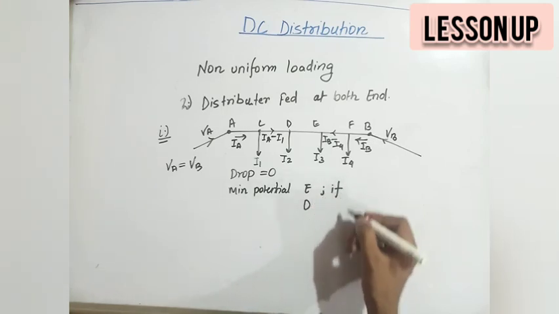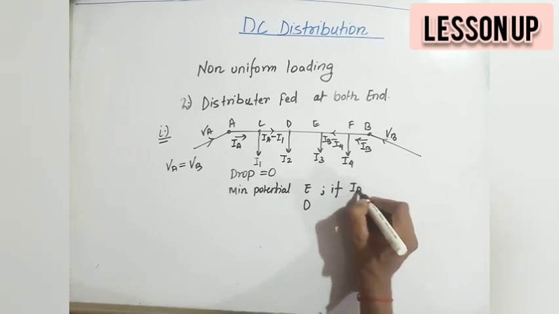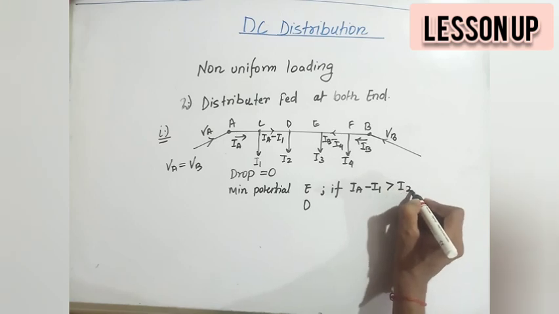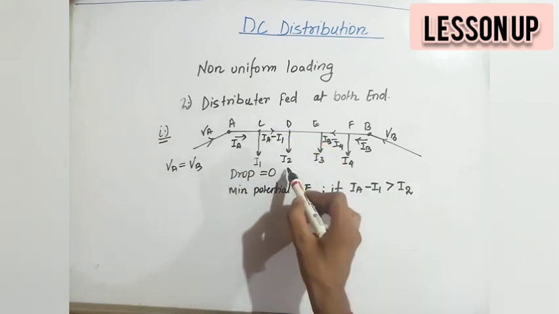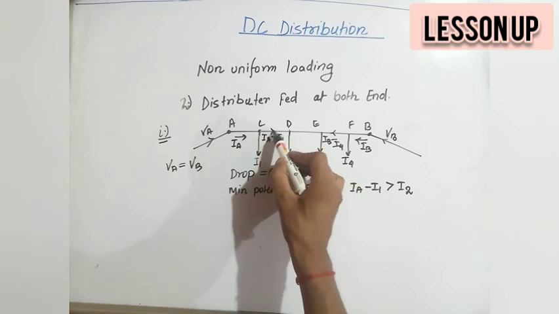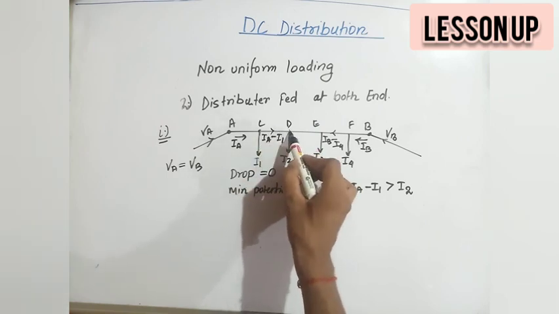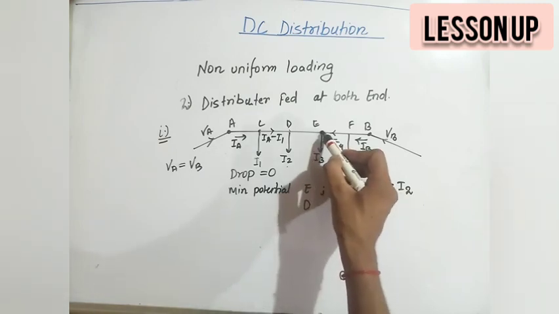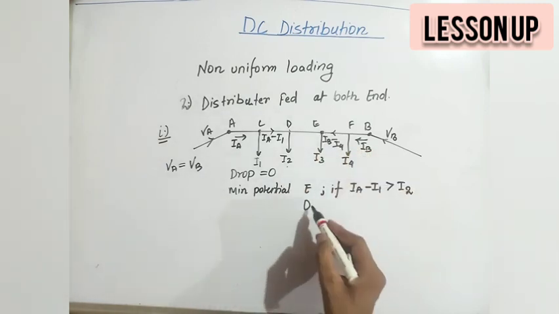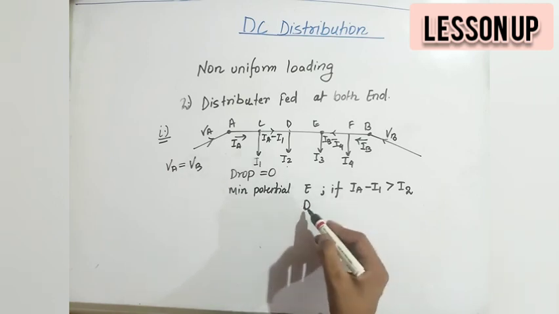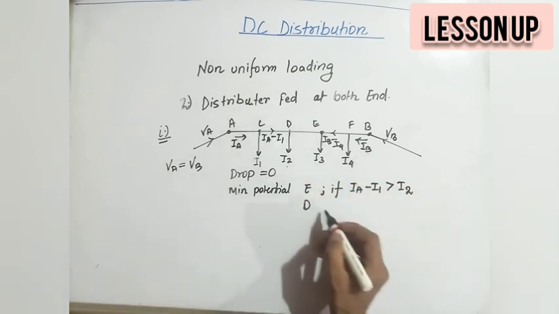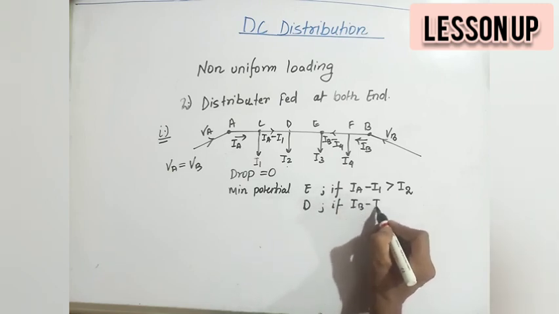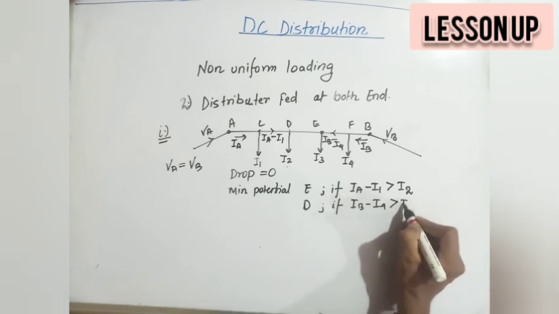If IA minus I1 is greater than I2, suppose it is 4 ampere and I2 is 3 ampere, then 1 ampere will travel between D and E. So you will get the minimum potential point at E. The minimum potential can be at D if IB minus I4 is greater than I3.